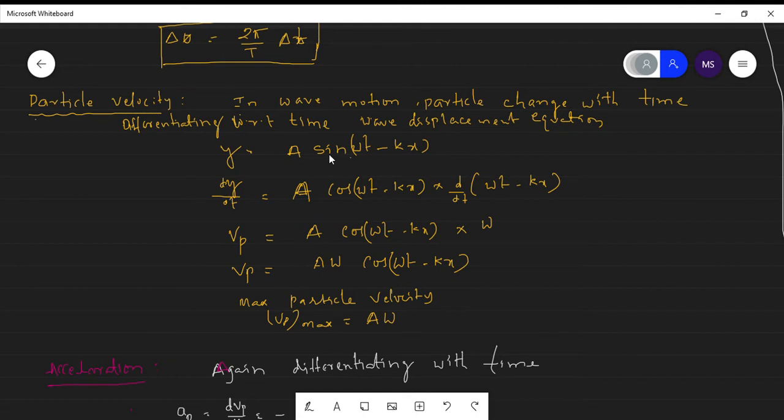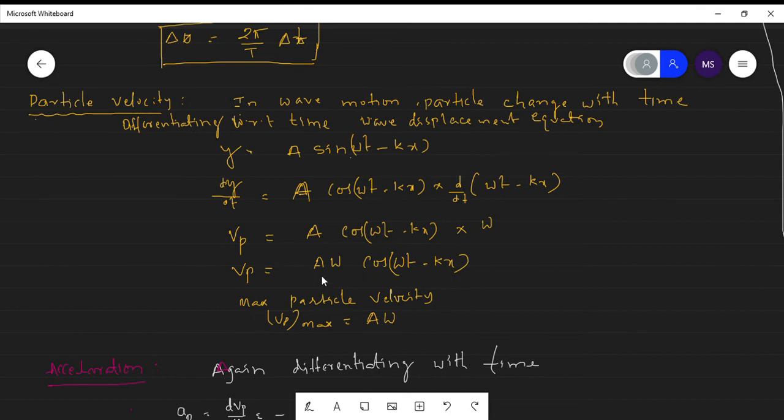The derivative of sine theta is cos theta, and since there is an internal function, we take the derivative of the internal function omega t minus kx. d by dt of omega t is omega, and d by dt of kx is zero, because kx is constant and the differentiation of a constant is equal to 0. Therefore Vp is equal to a omega cos of (omega t minus kx).